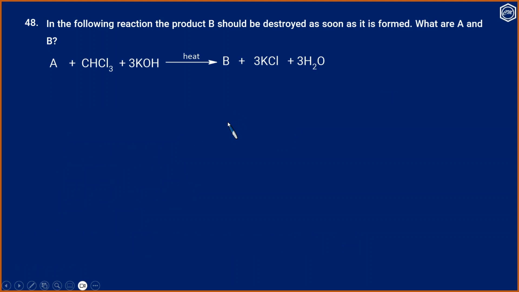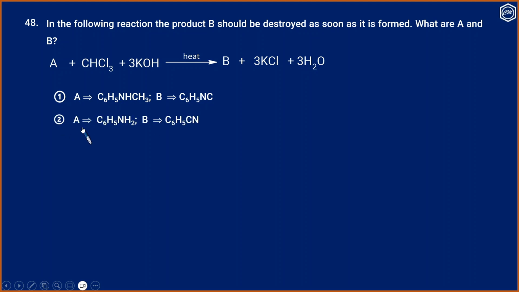Question 48. In the following reaction, the product B should be destroyed as soon as it is formed. What are A and B? A reacting with chloroform and potassium hydroxide, B is produced. Option 1, A is C6H5NH2, B is C6H5NC.